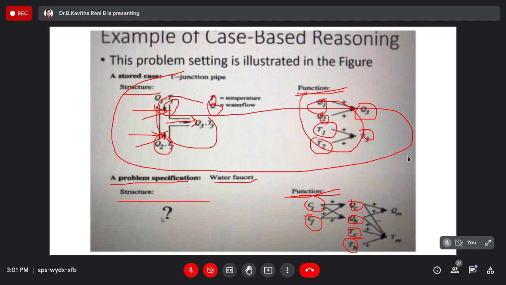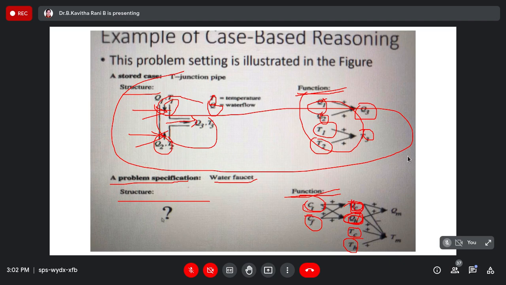Here CT represents your temperature, CF represents your flow of water. When temperature and flow of water are given, the water flow should be QC. Sometimes it should be cold and sometimes it should be hot. So this is my functionality.